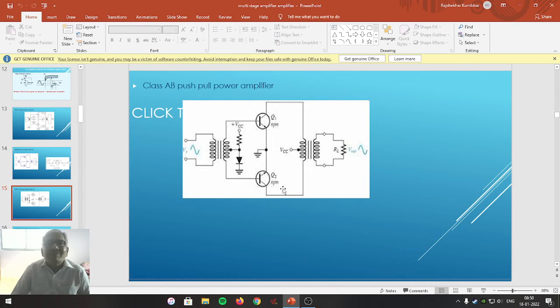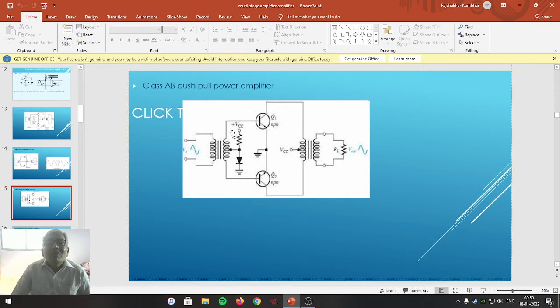That is the first thing. Secondly, when the input signal is applied to the primary winding of the driver transformer, its secondary winding will drive the base of both the transistors, and it will naturally provide a 180-degree out of phase signal to the base of both the transistors.